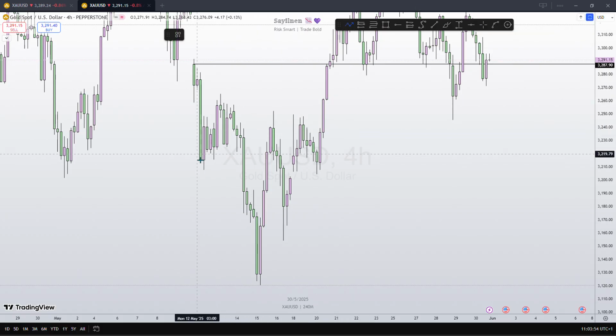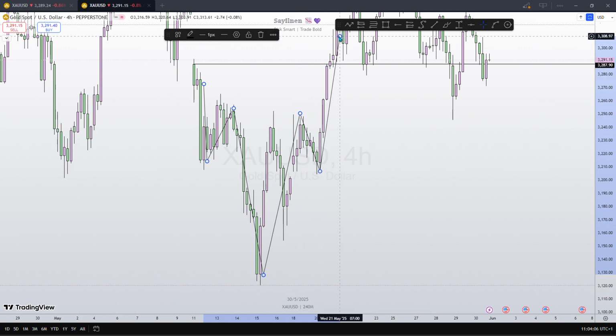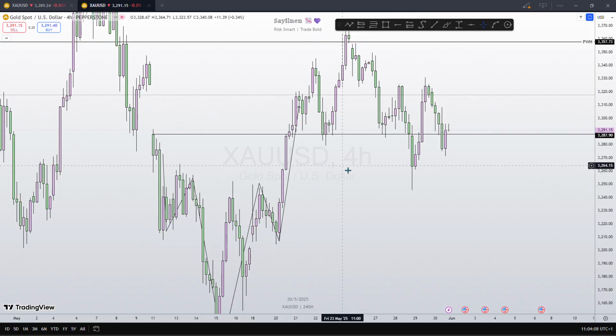Let me just mark it, something like this, down, down, down. What I would like to consider as the head, I will consider these two lows as the head, back here, and next thing we saw, boom. This is a very, very serious reversal pattern on gold.